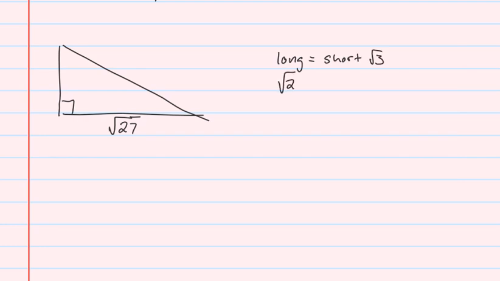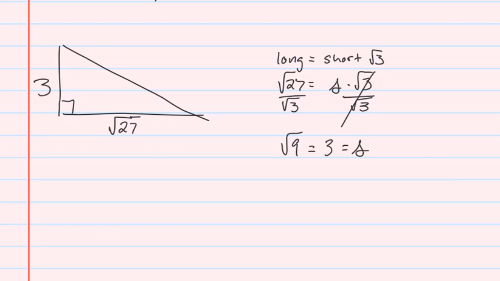So radical 27 equals s times radical 3. Divide each side. Radical 27 divided by radical 3 is equal to the square root of 9, which is 3. So my short side is 3. And then I double that for my hypotenuse.